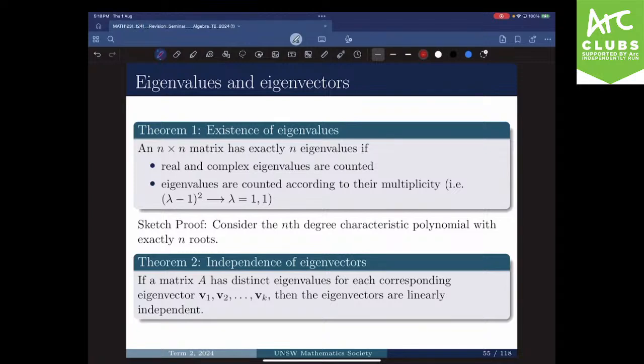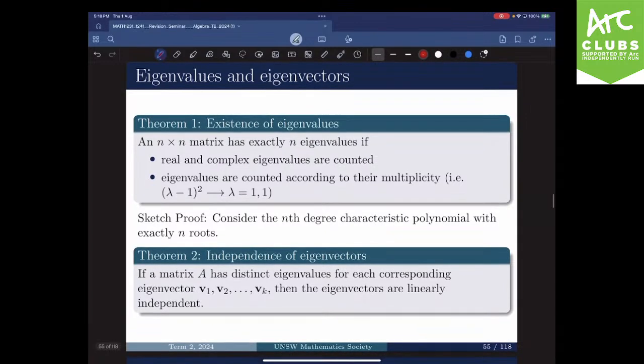We can see this is true if we consider our characteristic polynomial and include complex numbers, there will be exactly n roots. And another theorem is that if our matrix A has distinct eigenvalues, then the corresponding eigenvectors are linearly independent.